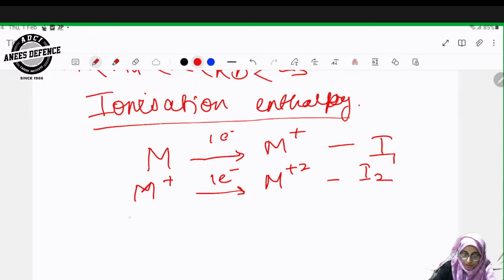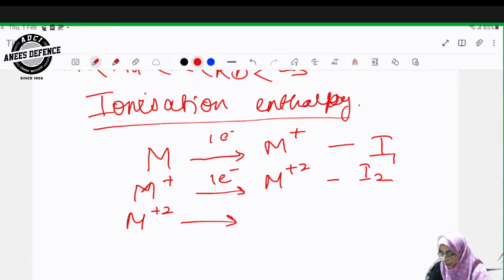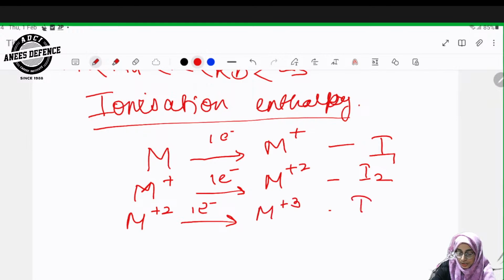Next is M2 plus. Now the energy is required to remove the third electron from M2 plus. So it becomes M3 plus. And this is called the third ionization energy.